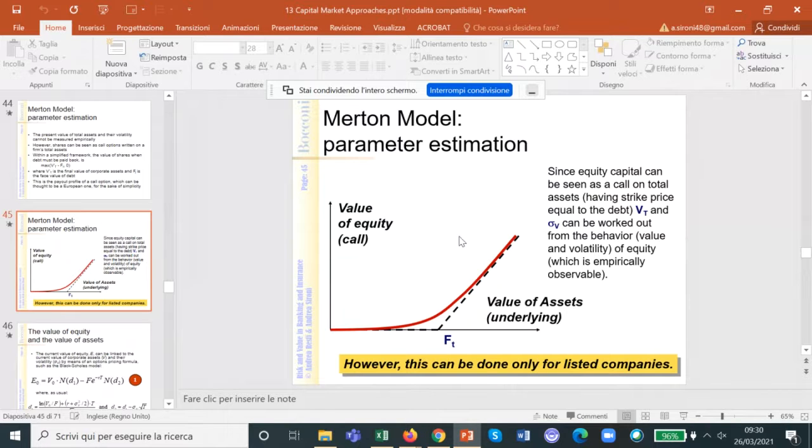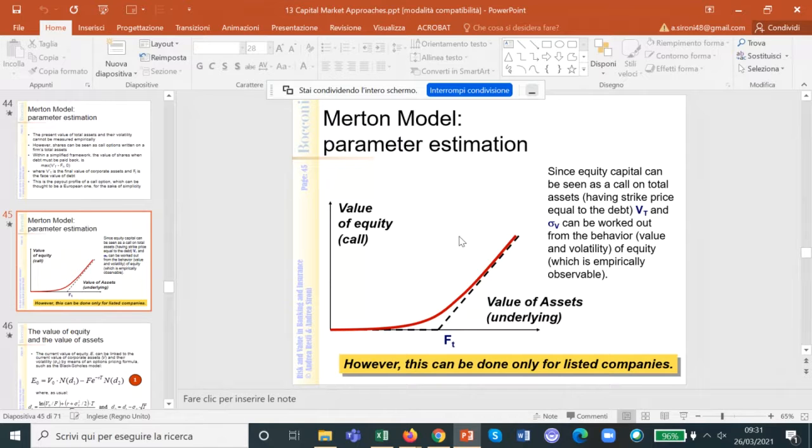But as soon as the asset value increases above the value of debt, the payoff starts to increase indefinitely, just like the payoff of a call option, as a function of the underlying asset price.